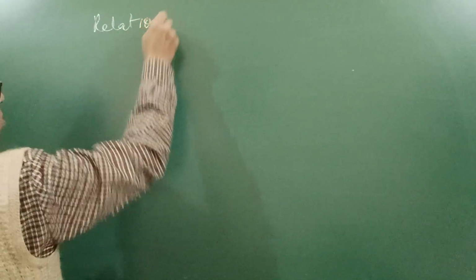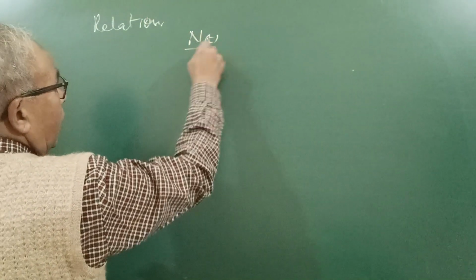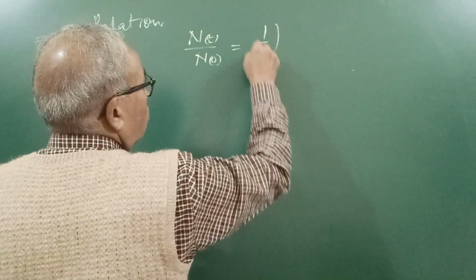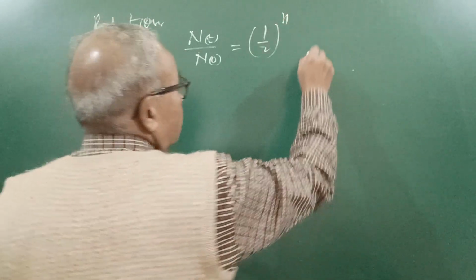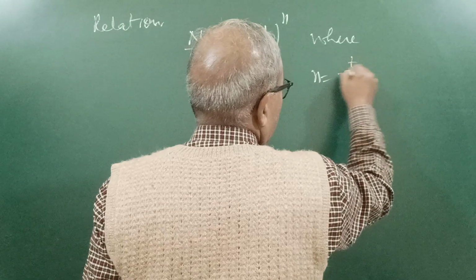Now there is a very interesting question here, a relation. Here the relation N t upon N0 is equal to 1 upon 2 to the power n, where n is equal to t upon t half.